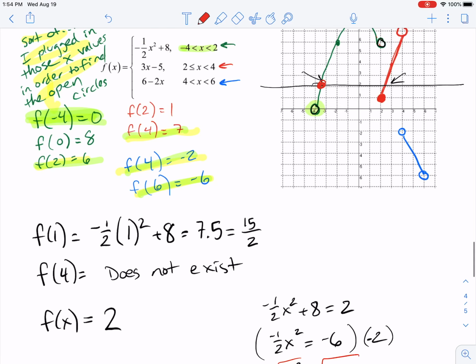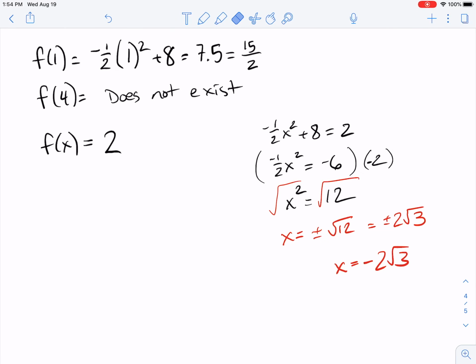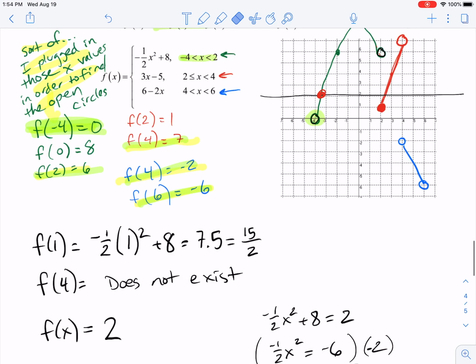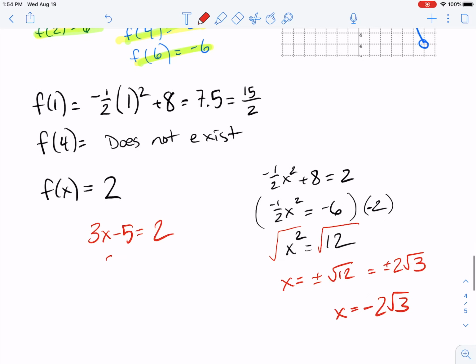Okay, I'm trying not to clutter up my answer key too much because I'm about to post this. Then the other thing is that it also was equal to that red line. So for the red line, we had 3x minus 5 is equal to 2. Solving that, I have 3x is equal to 7, so x is equal to 7/3.